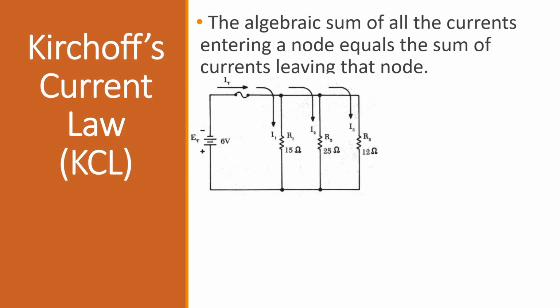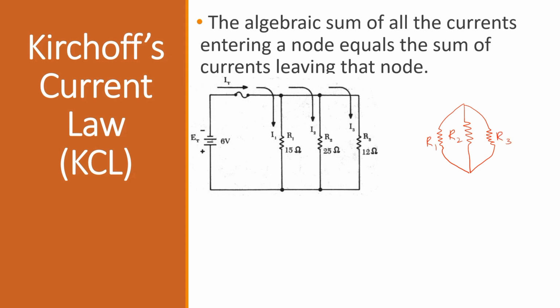Now, look at this circuit. We can redraw this circuit like this. This is the branch containing R2. This is the branch containing R1 and this is the branch containing R3.